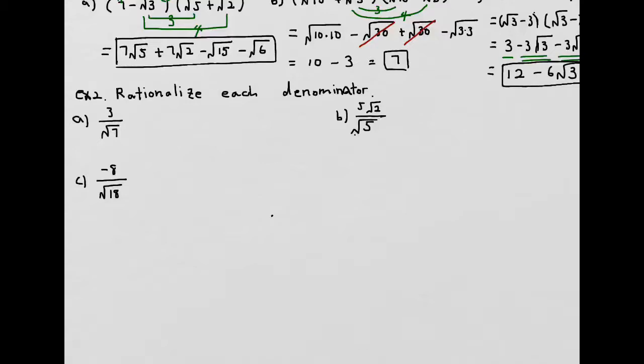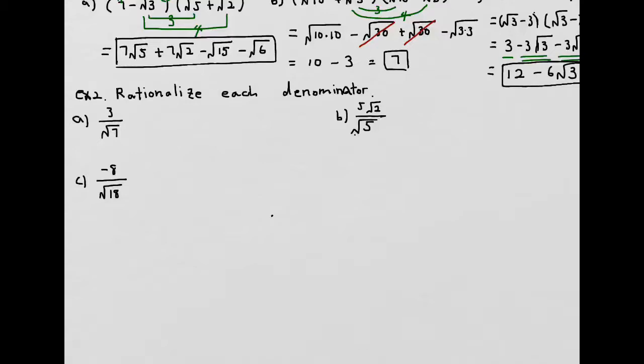Remember, there was the rule on fractions where the denominator cannot be 0, but another rule is that you cannot have a radical in the denominator. So whenever you see a radical in the denominator, you need to rationalize it, which means get rid of the radical from the denominator. So that's the exercise we're doing.